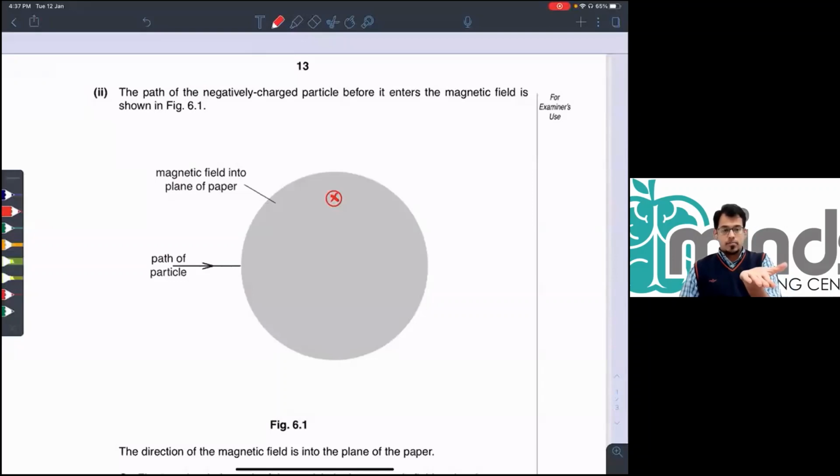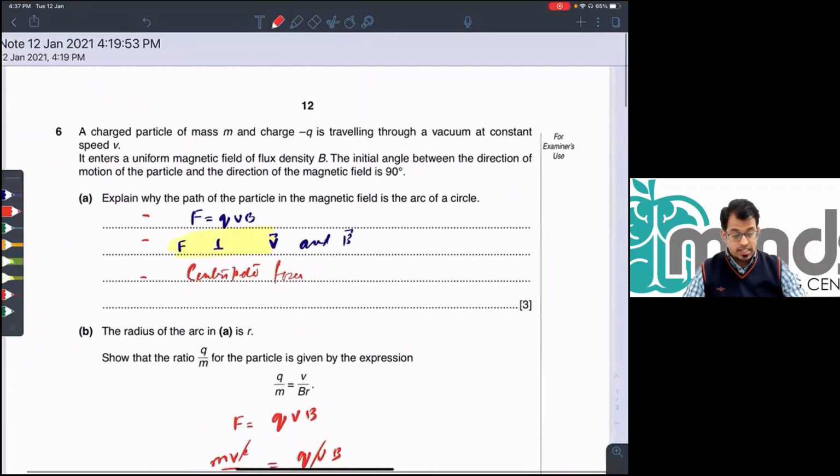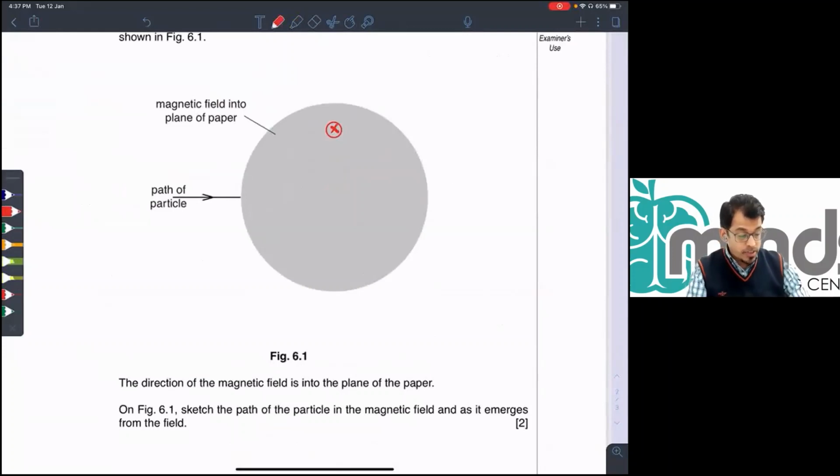Fingers are in the direction of the field, into the surface. Velocity is to the right. The push of the palm is up. The right hand rule always gives you the direction for a positive charge. Since in the question they specifically mention in the first line that the charge is negative, this particle should deflect in the downward direction. So what you need to do is draw an arc.